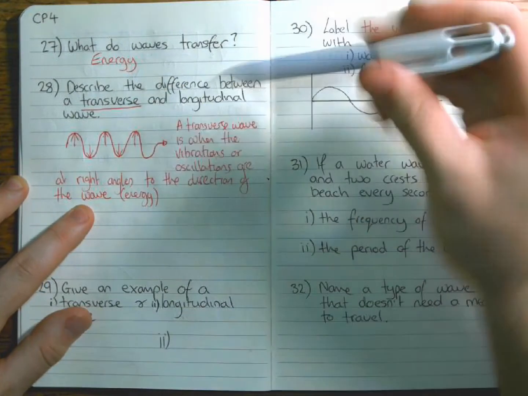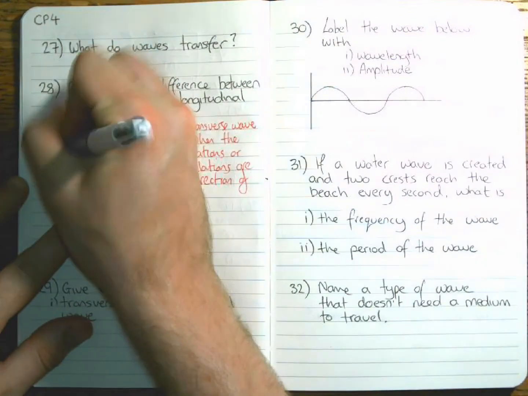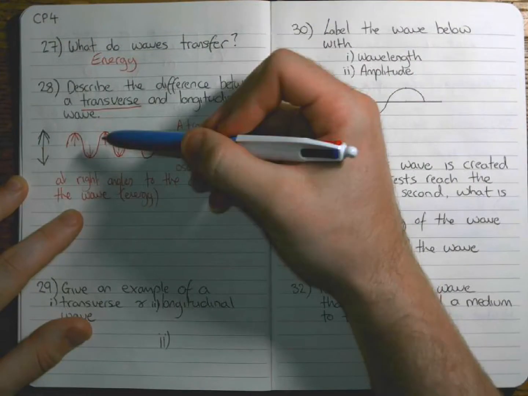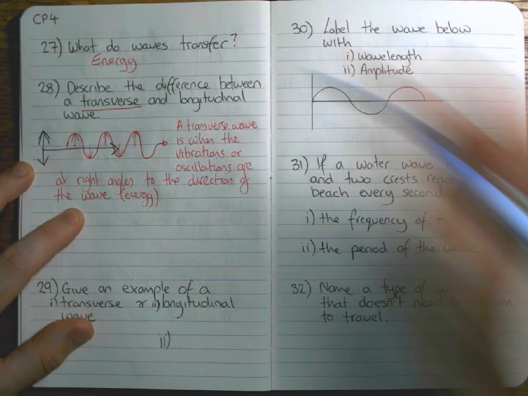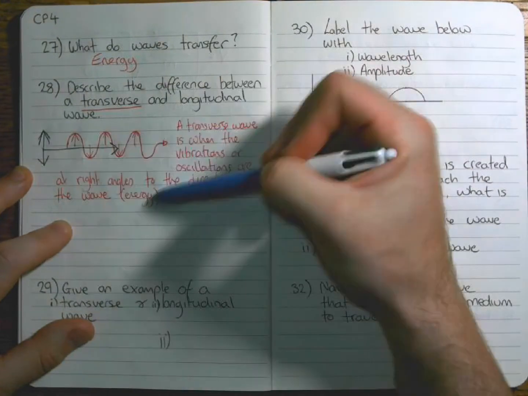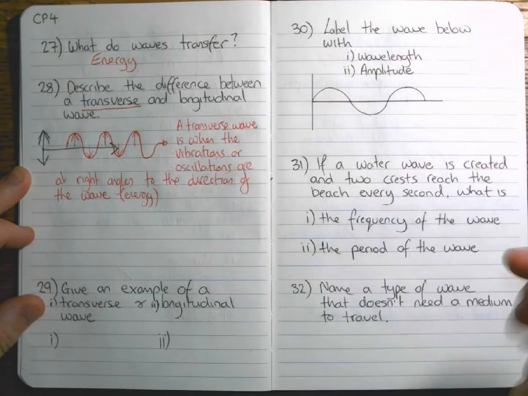So in this example, my oscillations are up and down. However, the wave is moving to the right. So the vibrations are up and down, but the energy transfer is at 90 degrees to it. So that's a transverse wave.